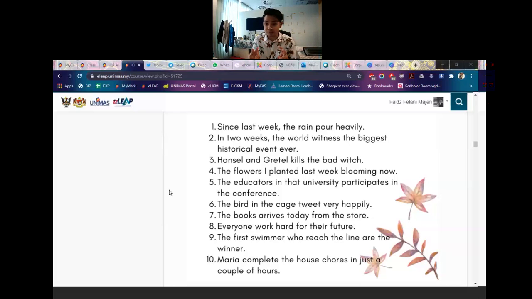Setakat ini faham? Okay, again, if you have any question about that, feel free to ask me in the chat. Now, if you manage to balance that, balance maksudnya make them agree with one another, agree maksudnya kalau satu ada S, satu tidak ada S, you have successfully understood the concept behind subject-verb agreement.